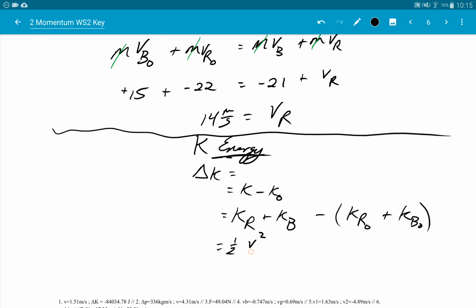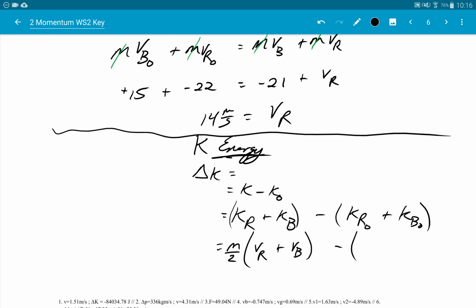Okay, so I'm going to go ahead and factor out the mass in all of these things here. So I'm going to put m out here. Well, no, they're all going to have a 1/2 there as well, so I'm going to put the half out there as well. Okay, so now here's the kinetic energy of the red one. I got the 1/2 m there, so it's going to be Vr plus my Vb. So that's this bit right here, and then minus.